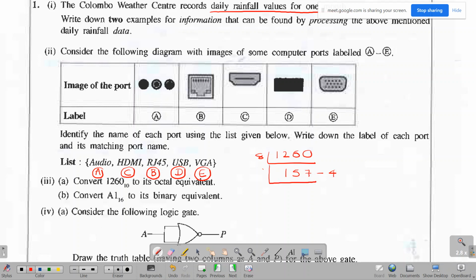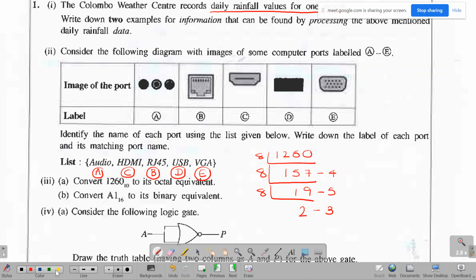So 157 will be divided by 8 again. So like 1 for 15, and 7 is remaining. 77, it's 9, it is 72, and 5 is remaining. And when it comes to 19, we divide by 8 again, so it's 2 and 3 is remaining.